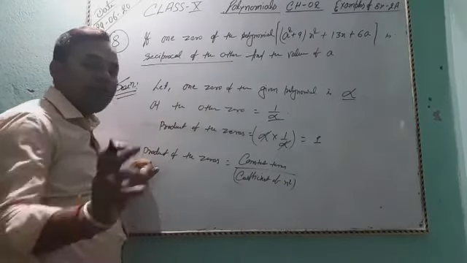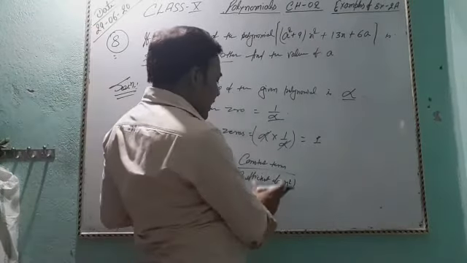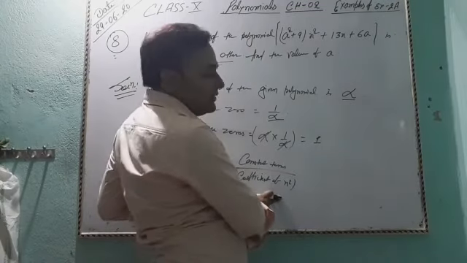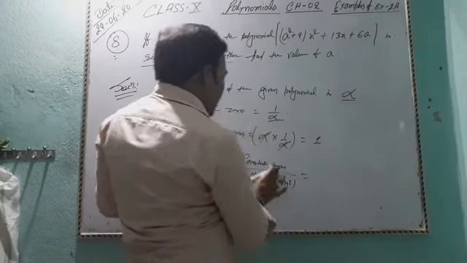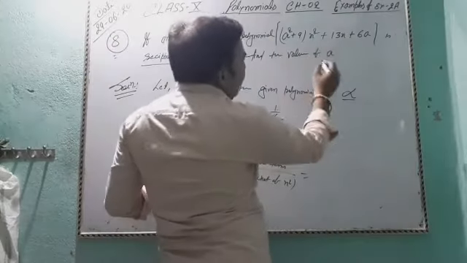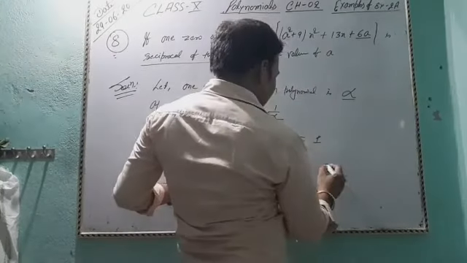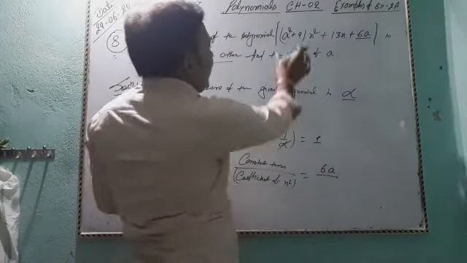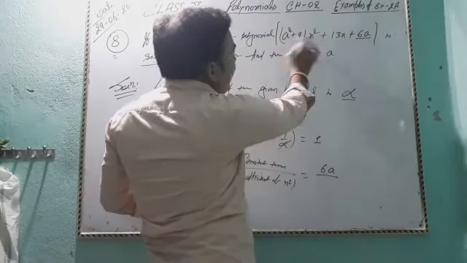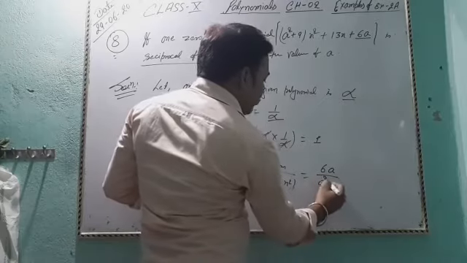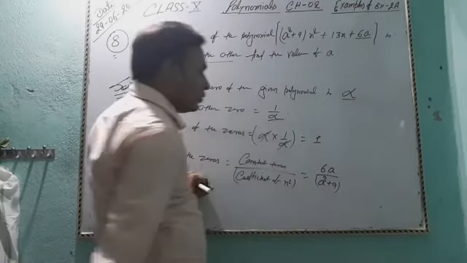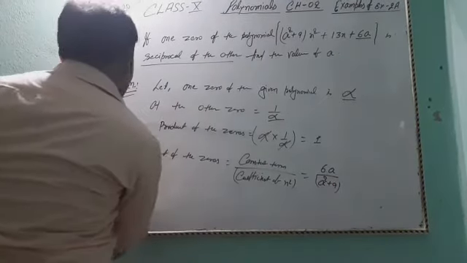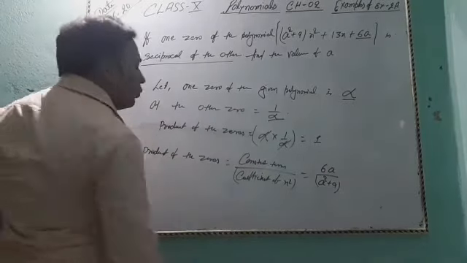It means c by a, c for the constant term and a is the coefficient of x square. So the constant term in this polynomial is 6a, divided by the coefficient of x square, a square plus 9. So 6a by a square plus 9. And the product of the zeros equal to 1.